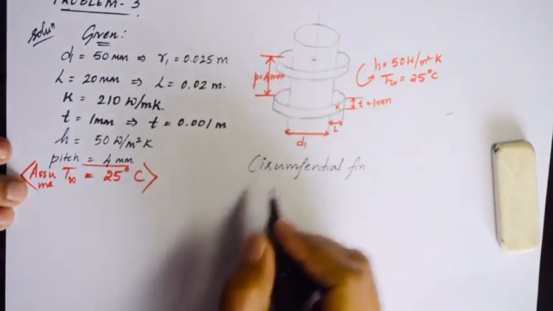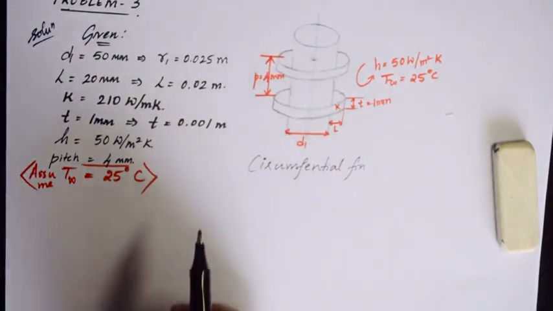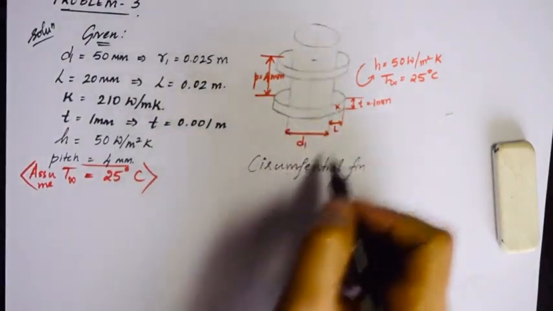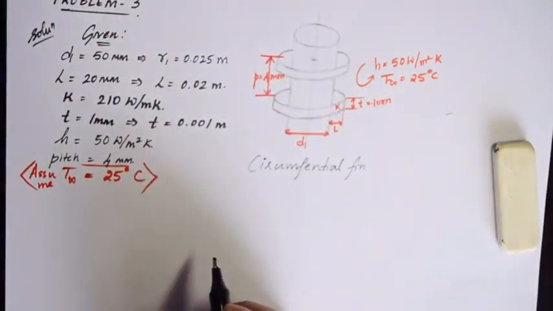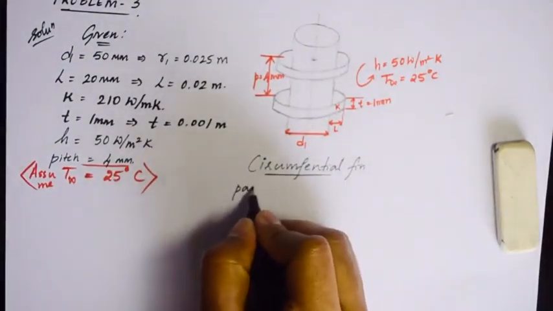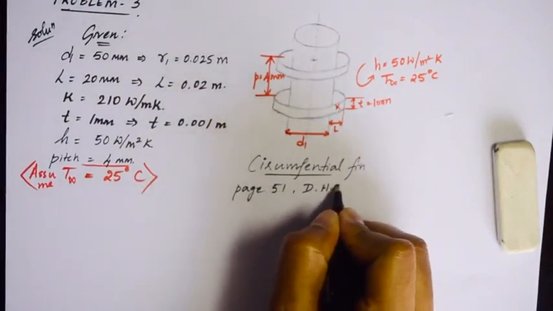All the formulas that were derived and used in the previous two problems apply for the rectangular fin. But here we have the circumferential fin. The fin is actually surrounding a cylindrical surface. In order to solve this problem, you just need to refer to page number 51 in your data handbook.